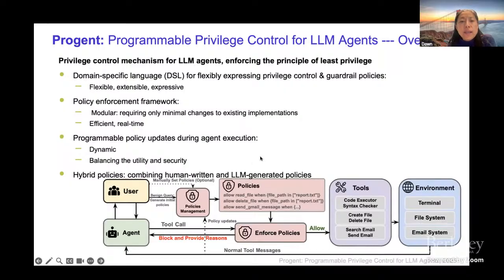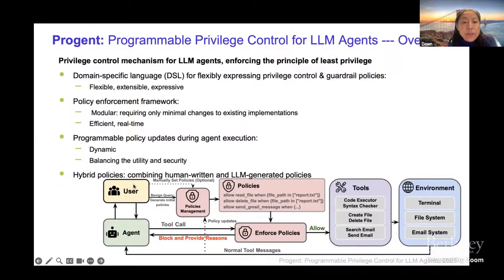So with this, in this overall workflow, initially there are some manually set policies that are optional in this policy management component.